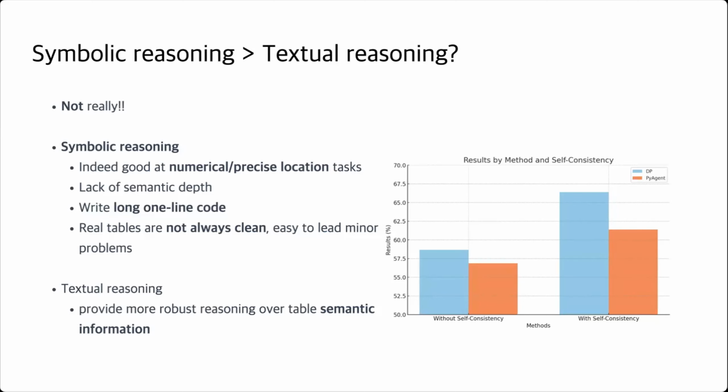Also, symbolic reasoning might lose some semantic depth during the reasoning process, but the textual reasoning can sometimes provide more robust reasoning over the table semantic information.